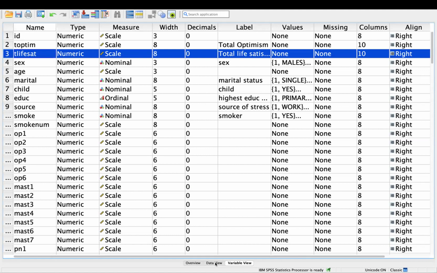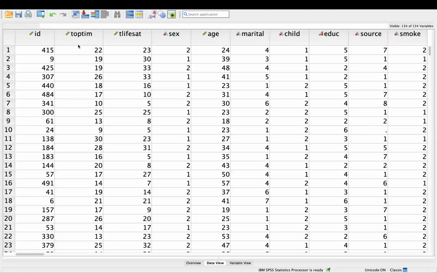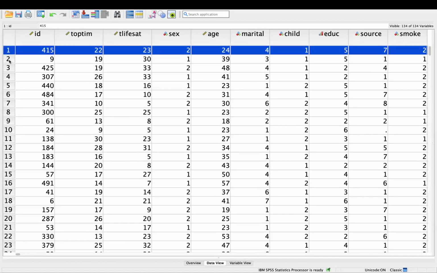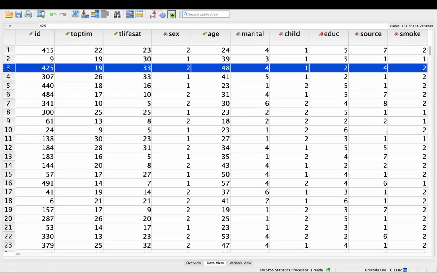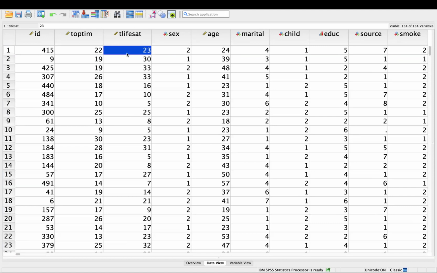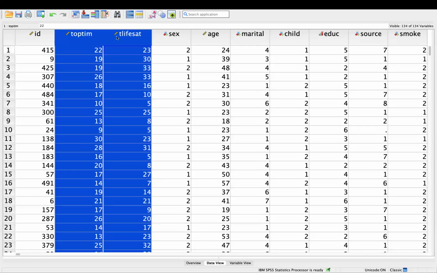Now, let's look at the data view. Optimism, right here. Person number 1, person number 2, person number 3. So in other words, person number 1 has a satisfaction score of 23. They have an optimism score of 22. So you see everyone differs in their scores. And what we're trying to do now is model this data. That's what we're doing, modeling.